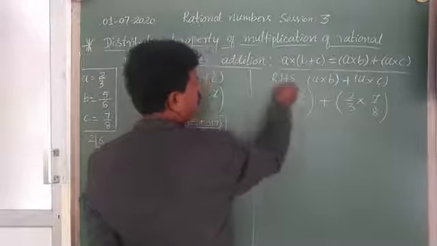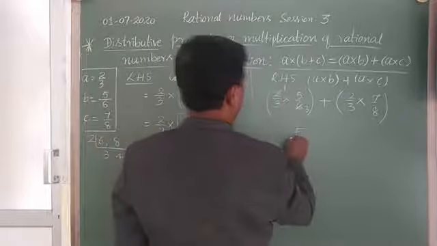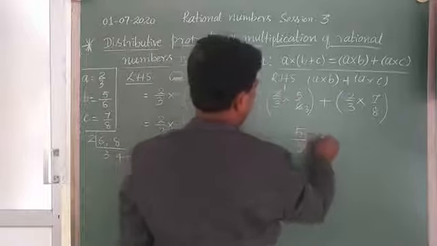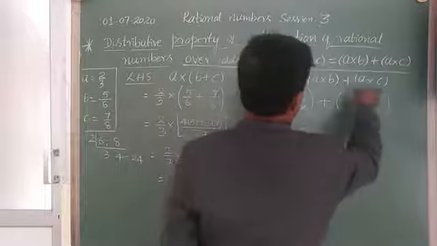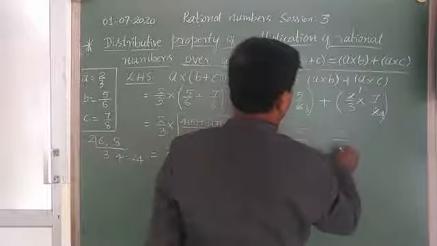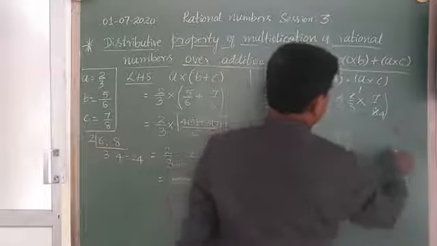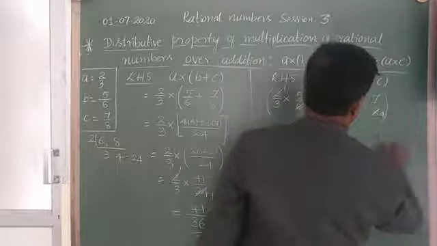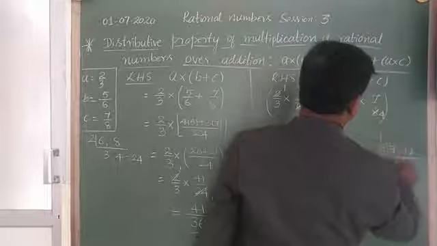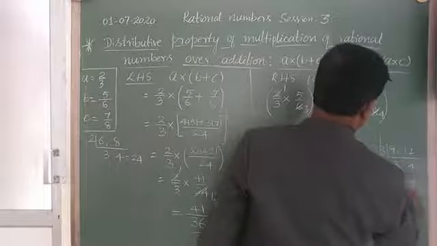Now look at this, 2 1s are 2, 3 3s are 9... 5 1s are 5 by 3 3s are 9, plus here 2 1s are 2, 4 7s... 1 7s are 7 by 3 4s are 12. Now again here are 9 and 12, 3 table, 3 3s are 9, 3 4s are 12, 9 4s are 36.